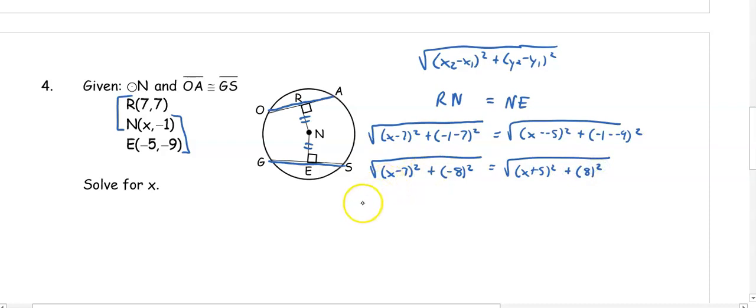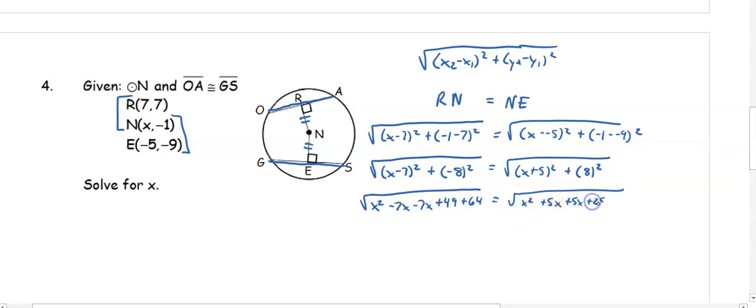We have to remember to multiply out the x minus 7 squared, so we get x squared minus 7x minus 7x plus 49 plus 64, and we square the negative 8, equals x squared plus 5x plus 5x plus 25 plus 64.